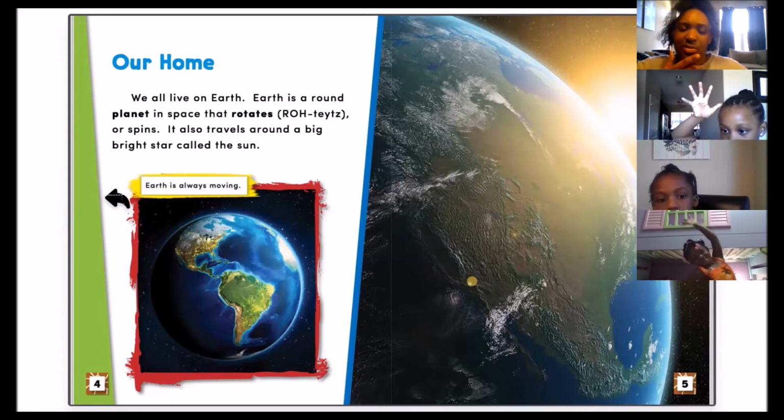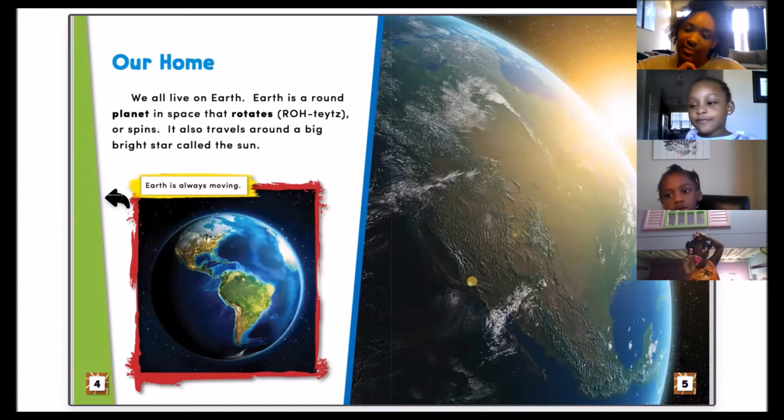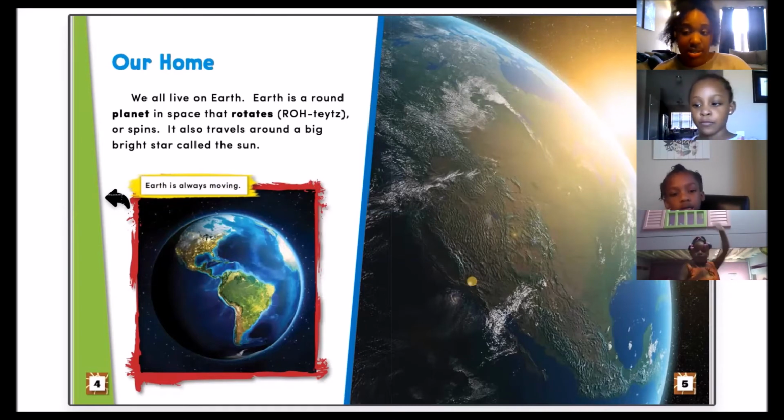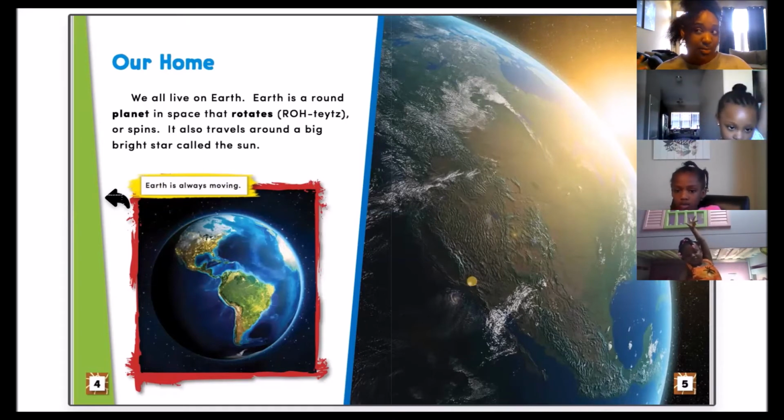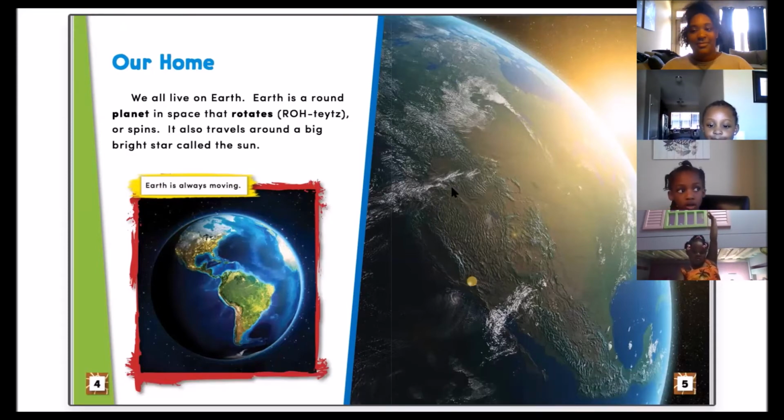Savannah, what do you notice? Yes, but we're looking for things in nonfiction books. Remember those things? Bold words, pictures, glossary, index, table of contents. You see any of that here? You might need to put your telescopes on.